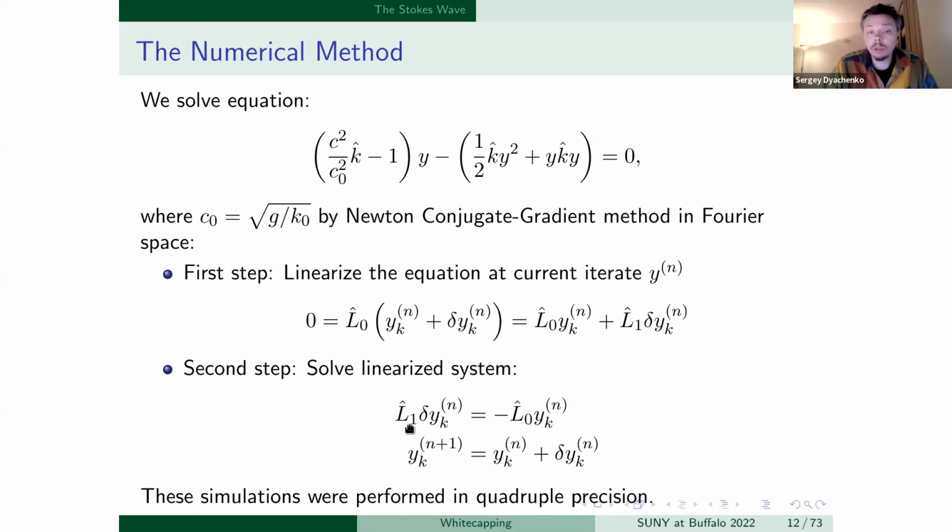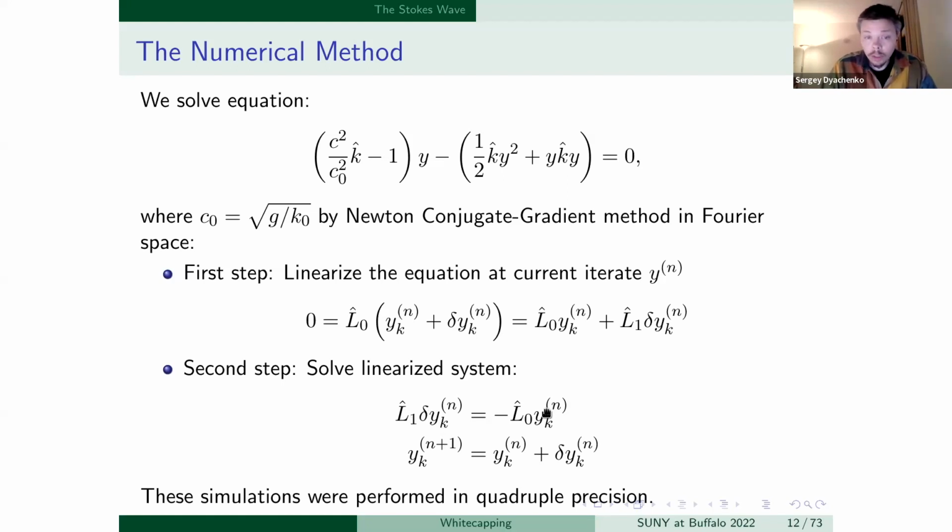And now it's important to know the adjointness properties of L1. If L1 is a self-adjoint operator, then you can write down this system and solve it with the conjugate gradient method or minimum residual method or any other method that is well suited for self-adjoint operators. Typically, those methods are more efficient than the ones used when L1 has no self-adjointness properties, like GMRES, for example.